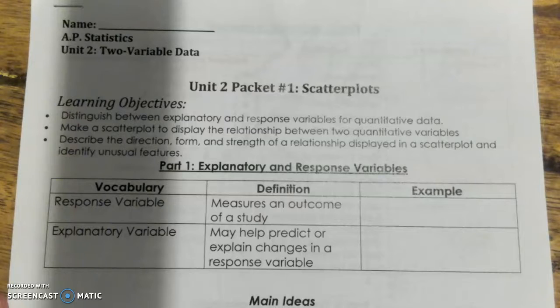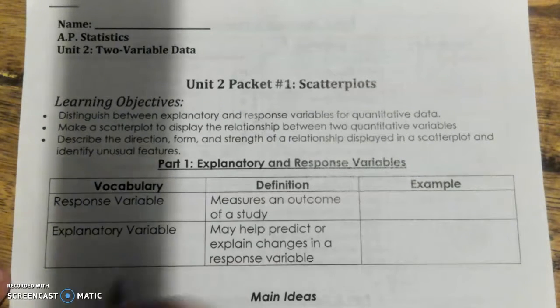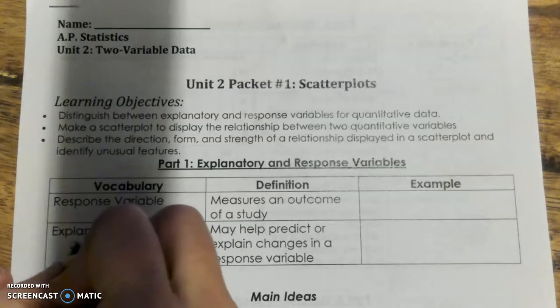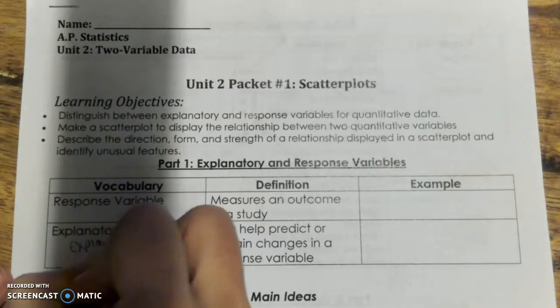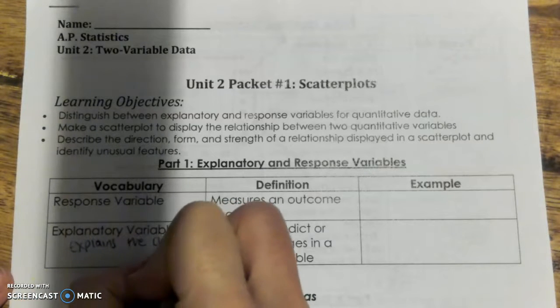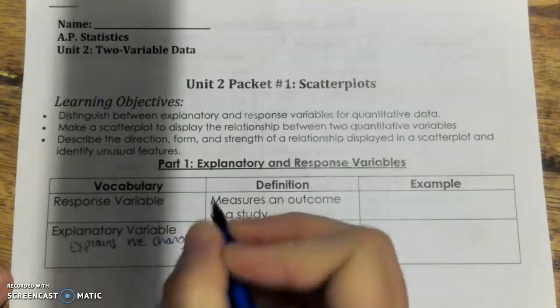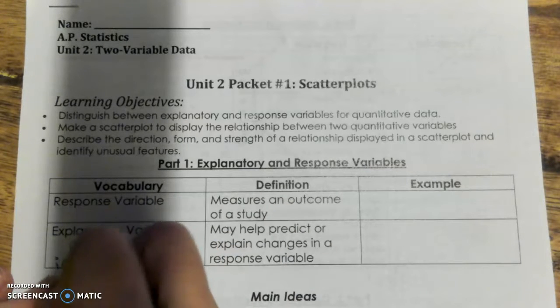So these are terms I'm sure you've heard before. Response variable measures the outcome of a study. Explanatory variable may help predict or explain the changes in the response variable. So my explanatory variable explains the change. We would also call this the independent variable.